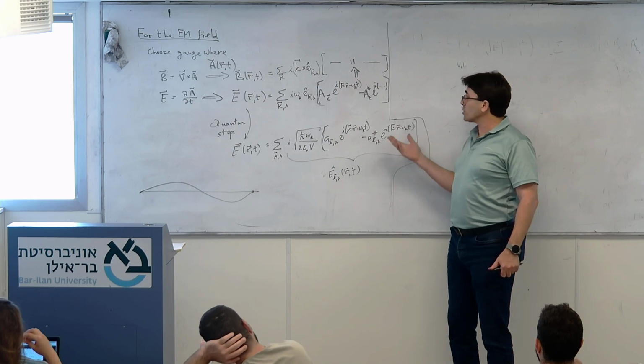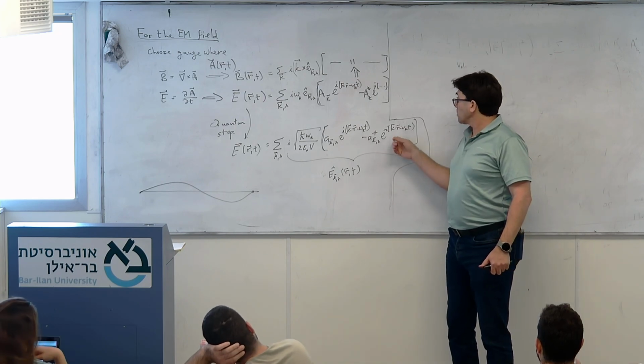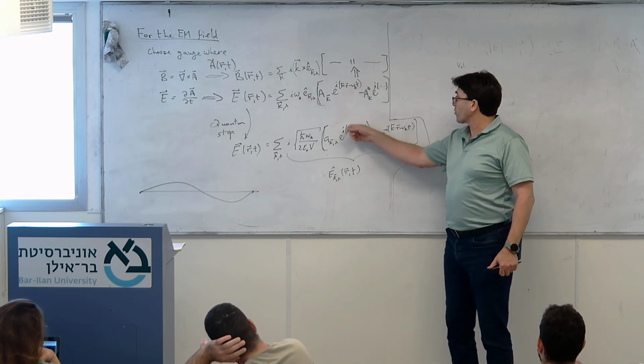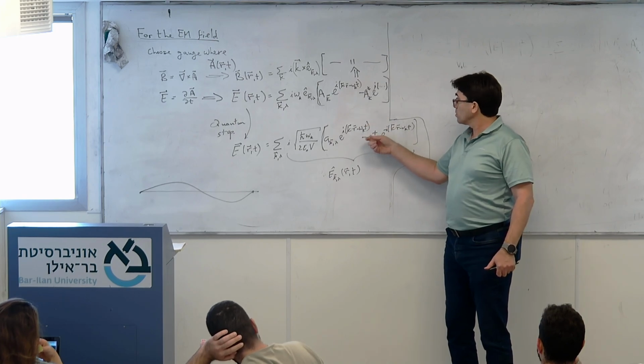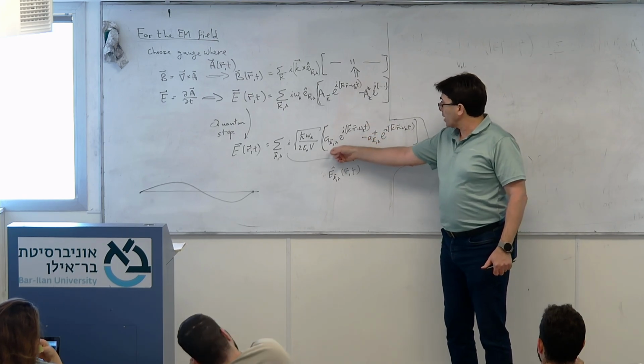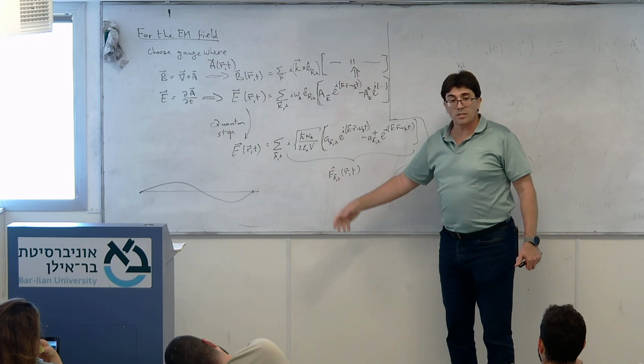At every position in space-time, it's a different operator. At some locations of space-time, wherever this phase is 0, then it's like A minus A dagger times i.